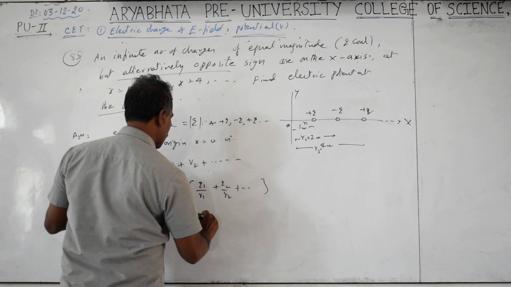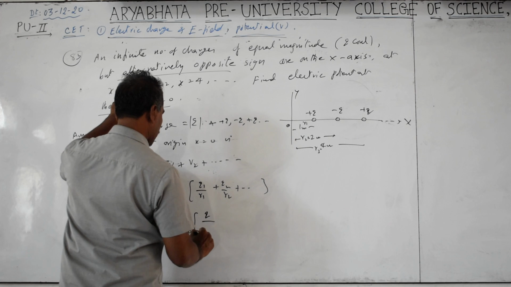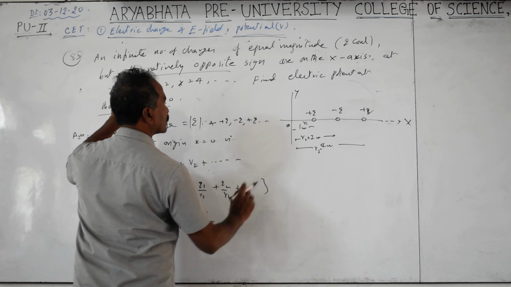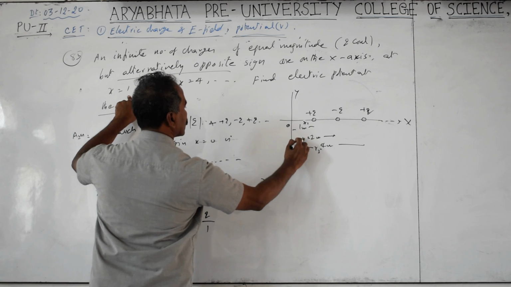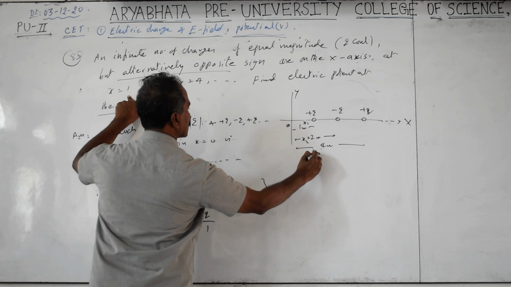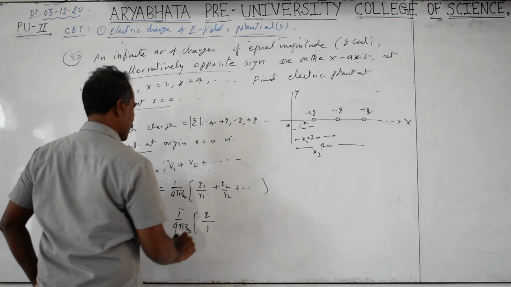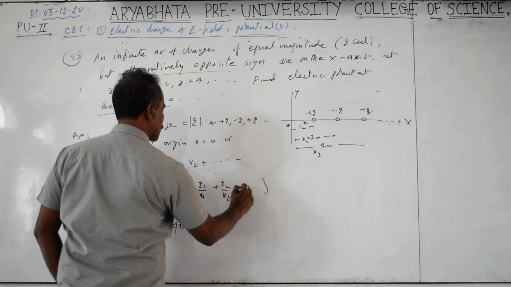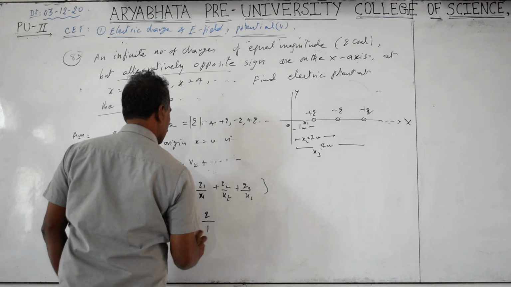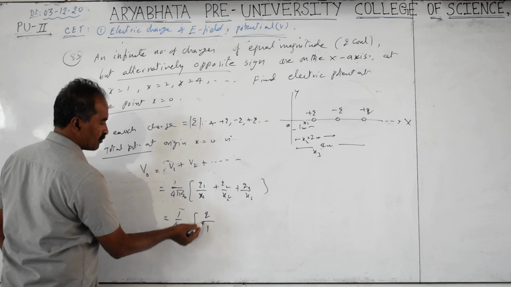This is q by r1, which is 1. This is x1, x2, x3 in meters. I will write x1 distances, x2, this is q3 by x3. So first is the positive charge I am taking, q by 1.